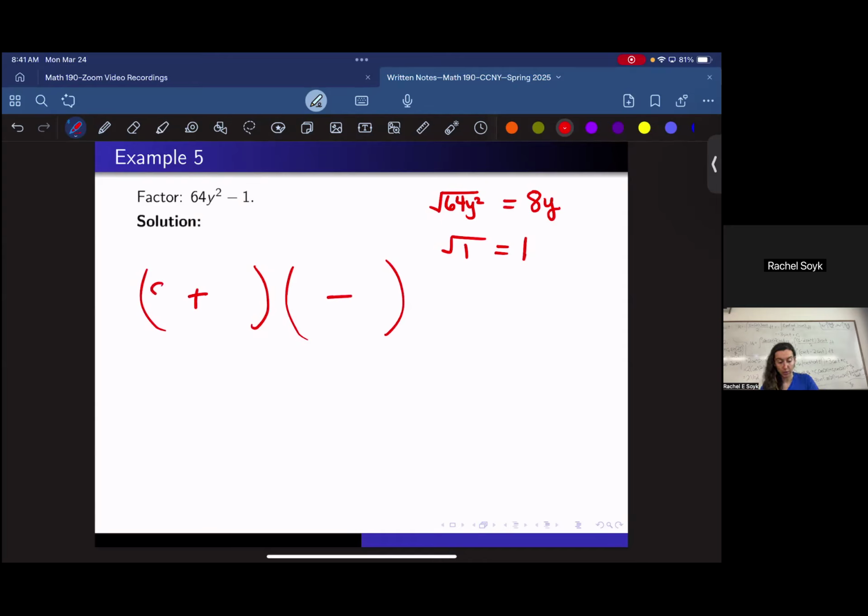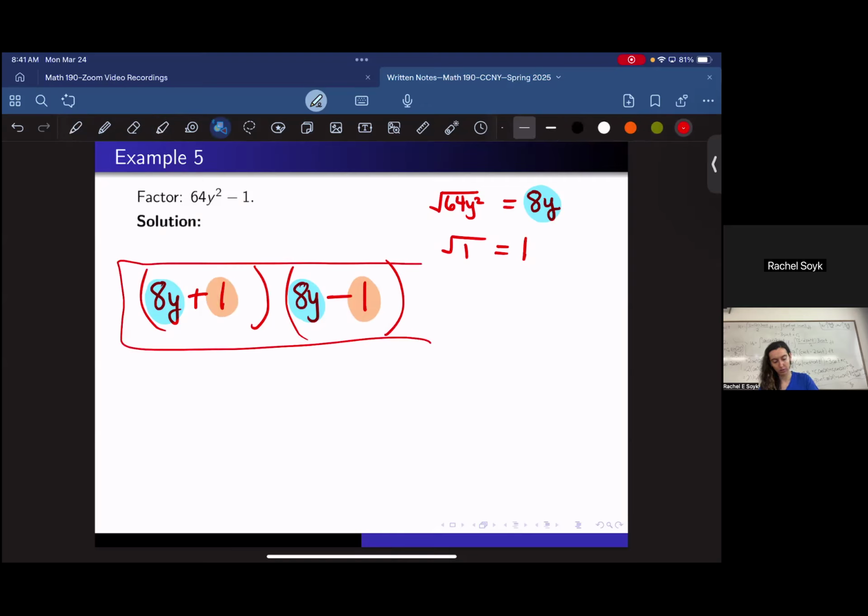And then we have our terms, our 8y plus 1 times our 8y minus 1. And we're done. I always like to highlight the first major example so you can really see what's going on.